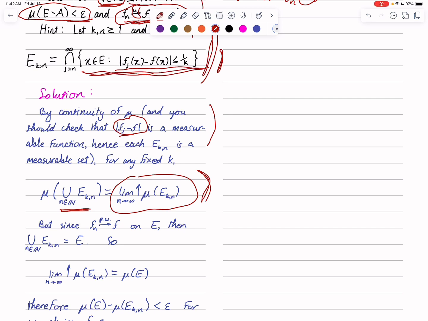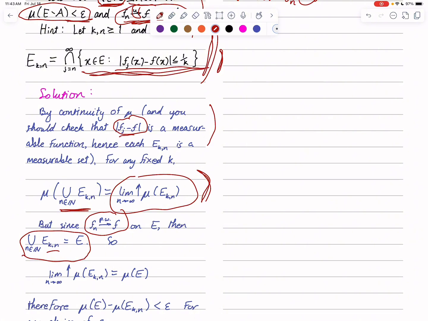Now, while we're on the topic of this union over these sets, let's remark on the fact that if we do union over all choices of n, then this must in fact be the same thing as the entire space. And that is because we assumed earlier that the sequence of functions converges pointwise to f.